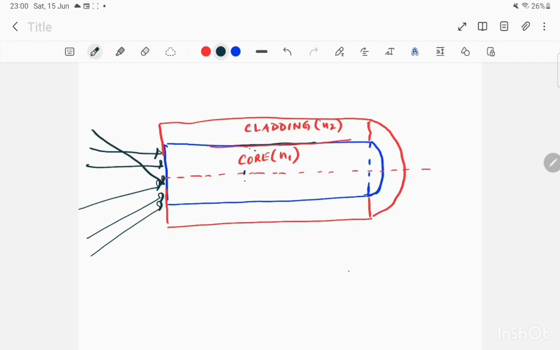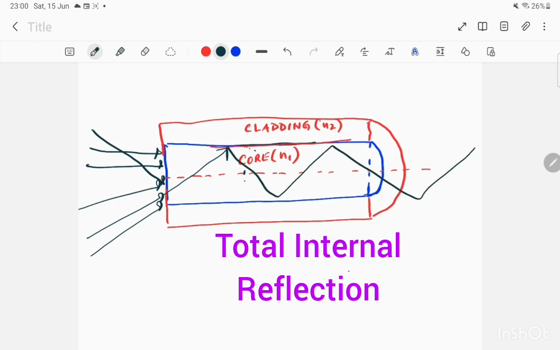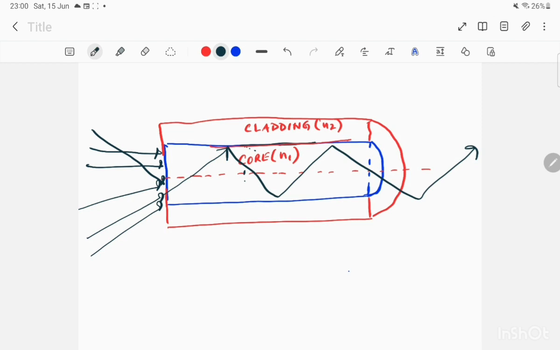Thing is, a ray of light incident at a certain angle only can contribute in passing the information, because only those rays of light which enter this core and suffer total internal reflection will be successfully passing the information to the other end. But those rays of light which do not fulfill the condition for total internal reflection will simply pass out of the core cladding surface. So how these conditions are fulfilled, let us get a view of that.